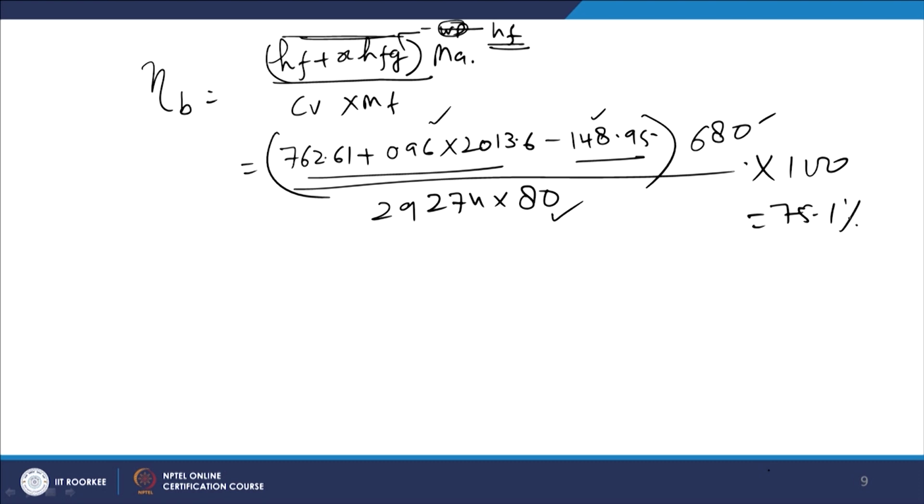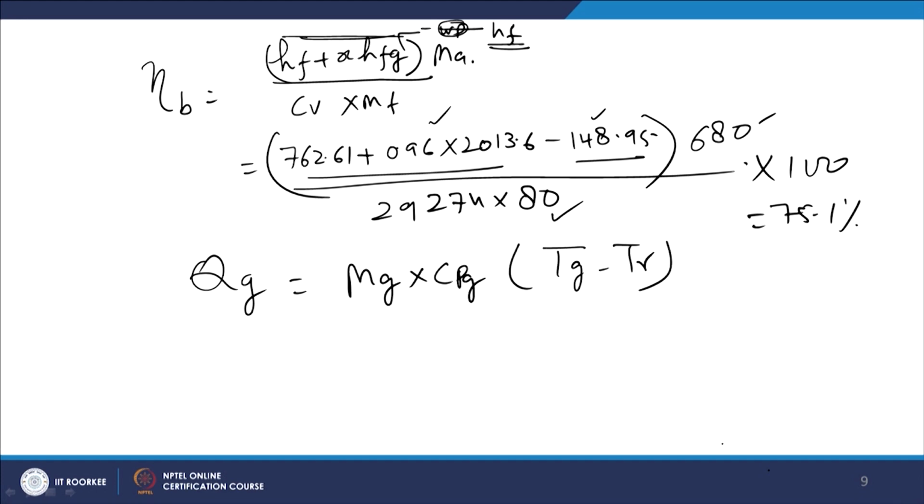Now the second part is heat carried away by the flue gases. In order to find it, Qg is equal to mass of the gas, Cp of the gas, Tg minus Tr. Mass of the gas is 18, if you remember. Cp is 1.0245. I have taken it in kilojoules per kg Kelvin; in the data it is given in joules per kg Kelvin.